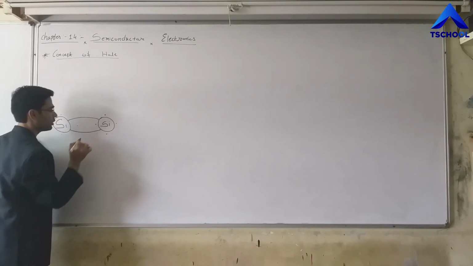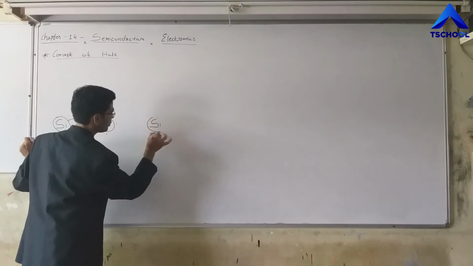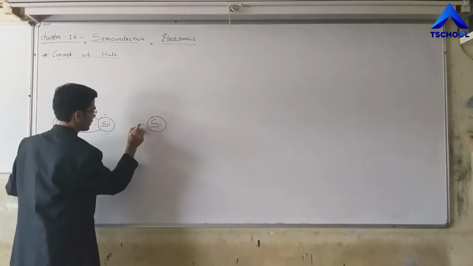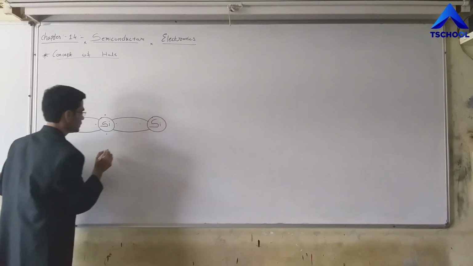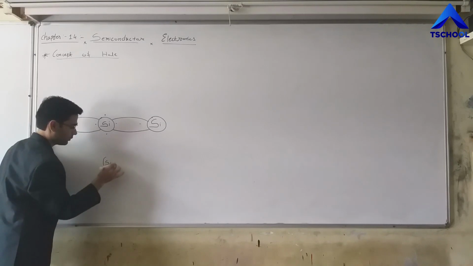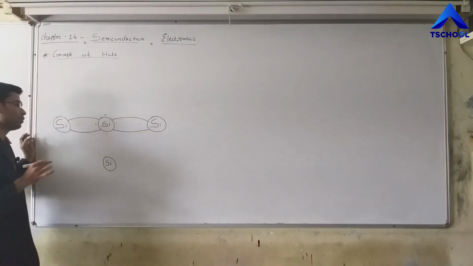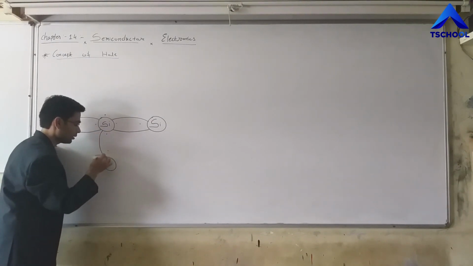At absolute 0 Kelvin temperature, it behaves as an insulator because there are no free electrons at absolute 0 Kelvin temperature. All the electrons are in bound condition in covalent bonds.